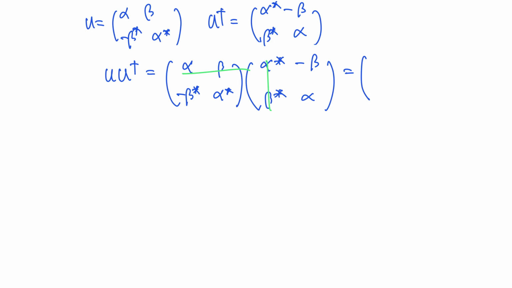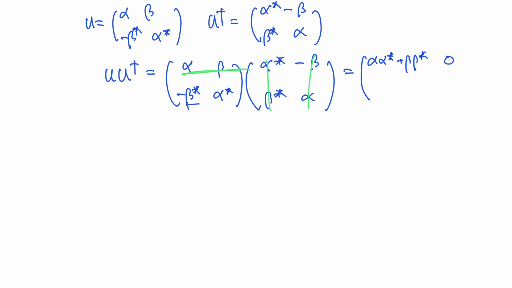First element again, alpha star with alpha, beta star with beta. How about second one? This one. Alpha beta minus alpha beta plus alpha beta, which is 0.